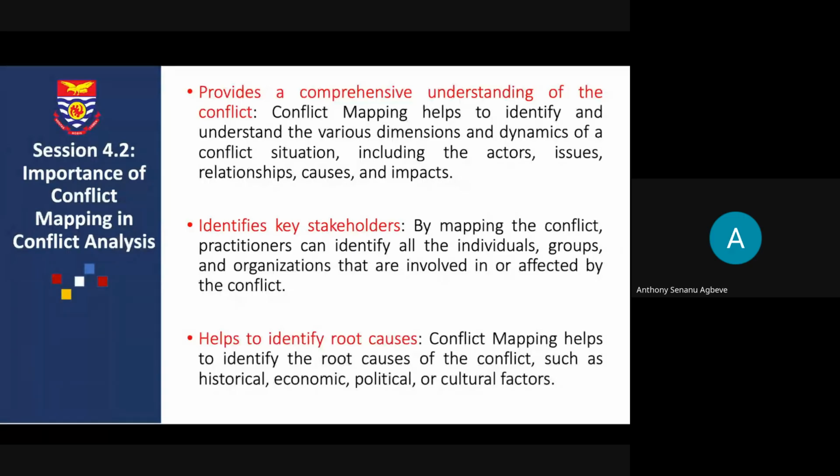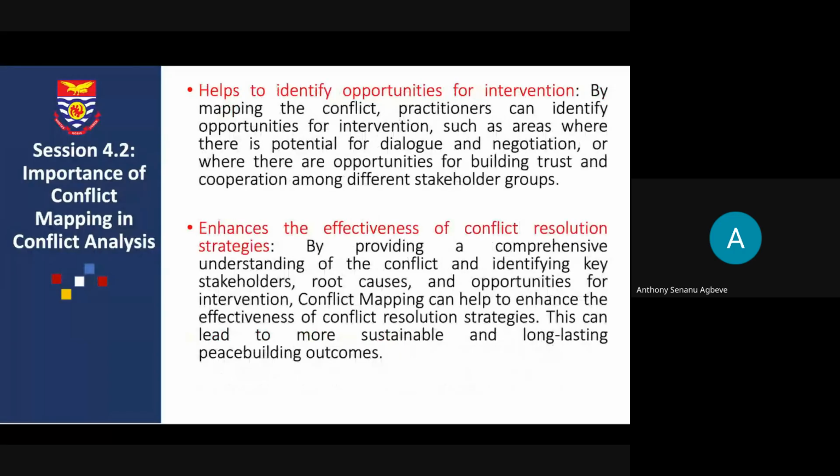And then it also helps us to identify the key stakeholders engaged in the conflict. Then it helps us to identify the root causes. So are the causes historical, economic, political, cultural? It helps us to identify all the underlying issues that are driving the conflict. Right. So identify the various causes.